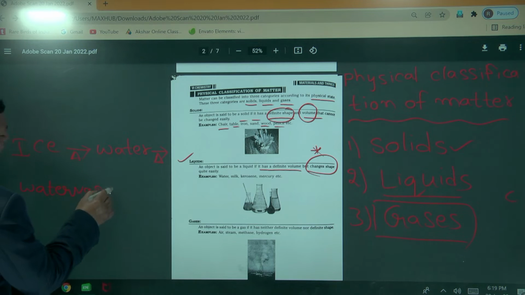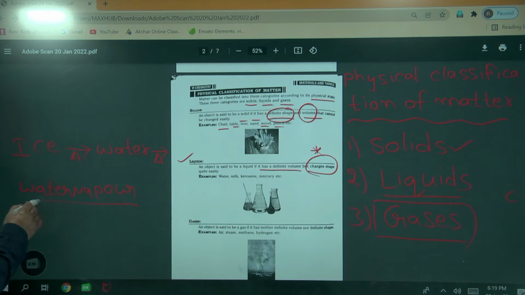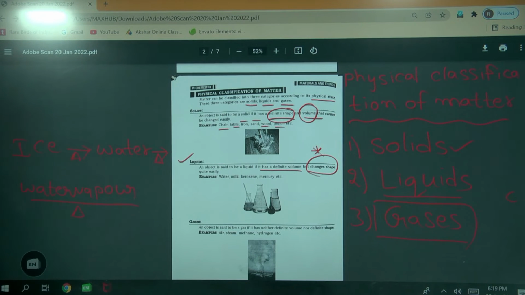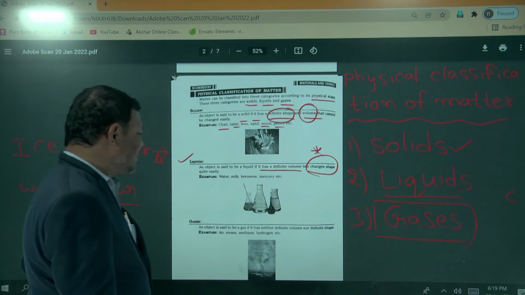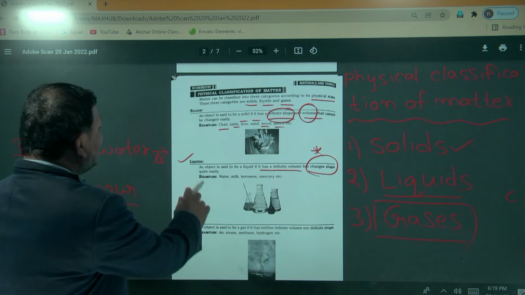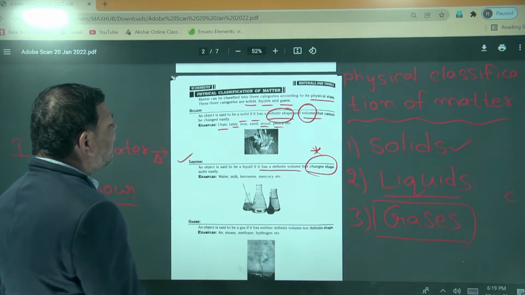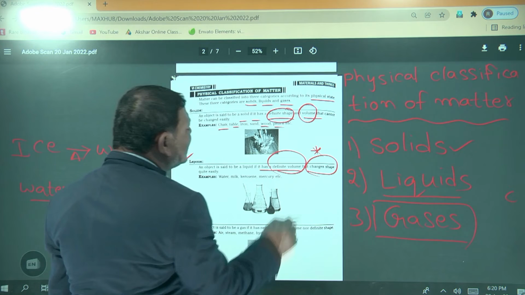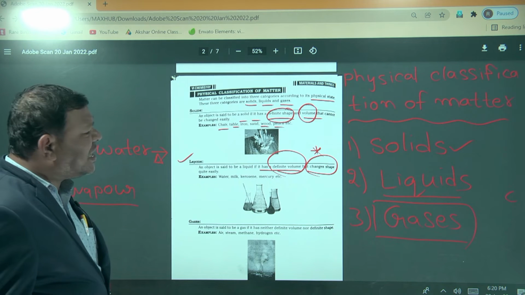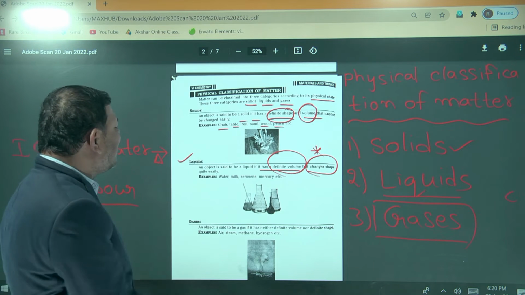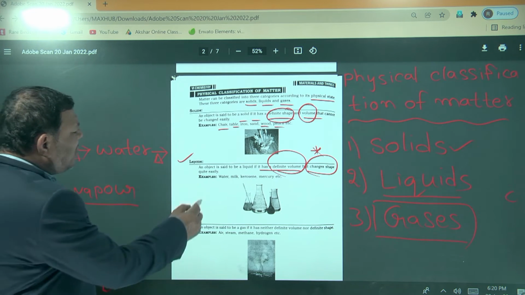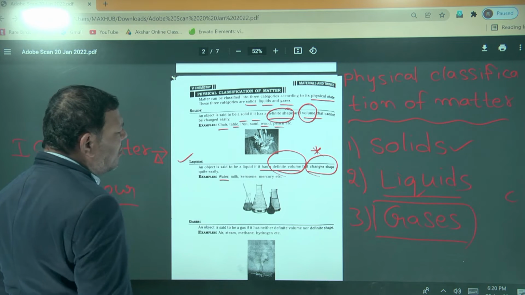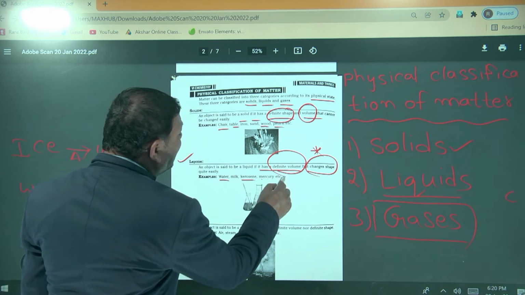This water vapor is nothing but the gaseous state. So keep in mind that a liquid has a definite volume but always changes its shape. Examples of liquids: water, milk, kerosene, mercury.